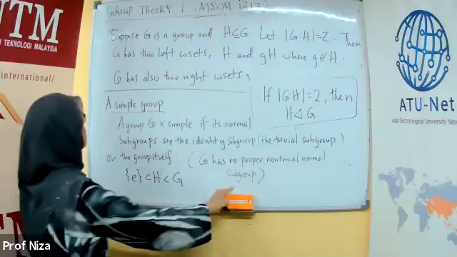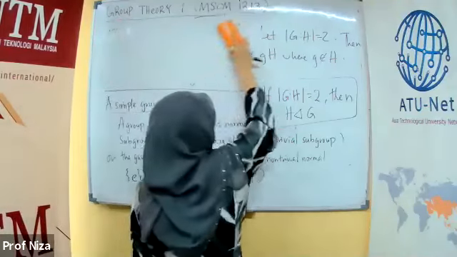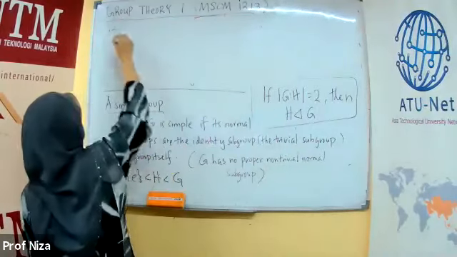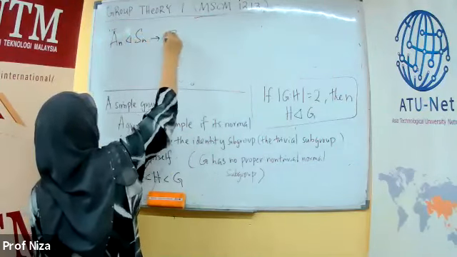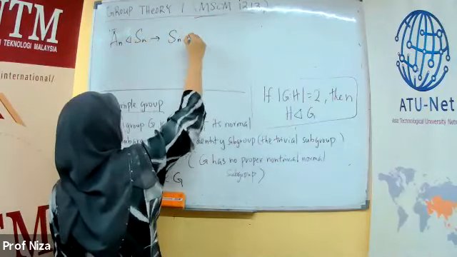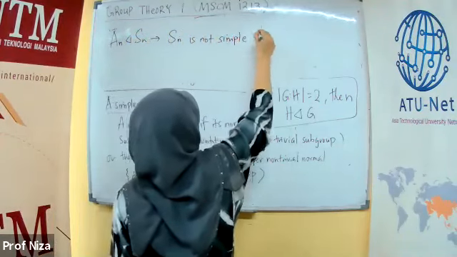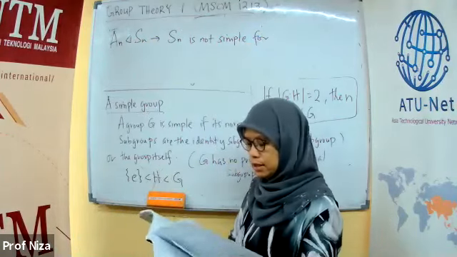For example, just now we have seen An is a normal subgroup of Sn, right? So we say Sn is not simple. But this is for just certain n.